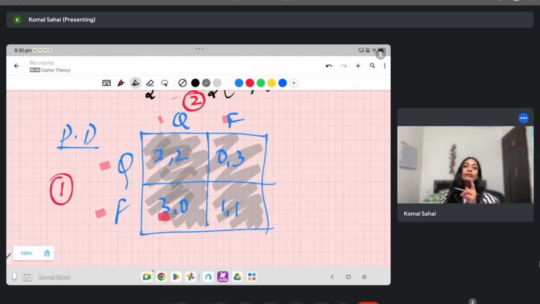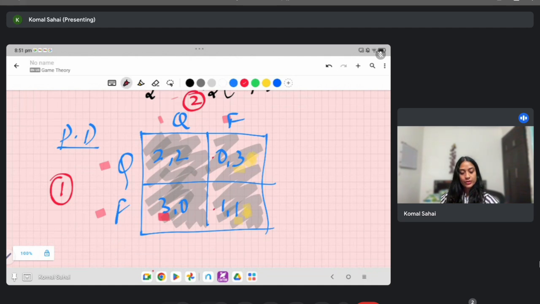And since you're thinking from player 1's perspective, the numbers you will compare across are not these numbers. You need to compare these numbers, the first numbers.